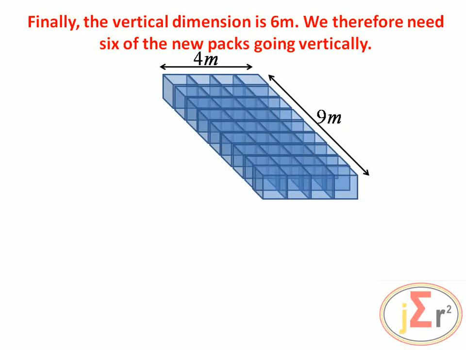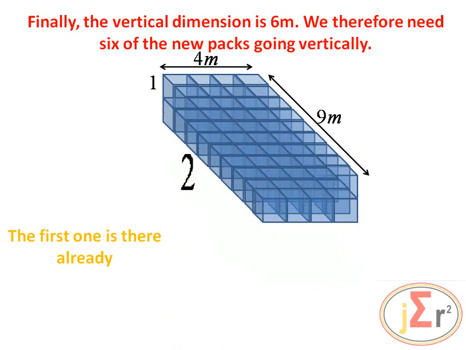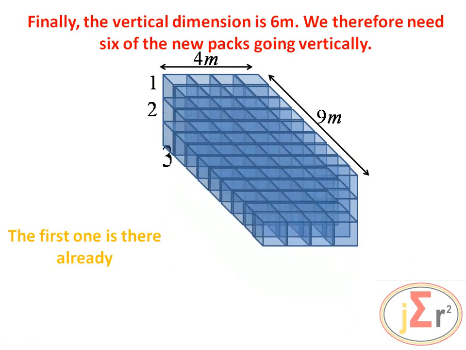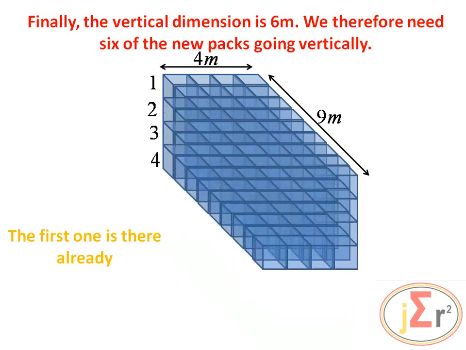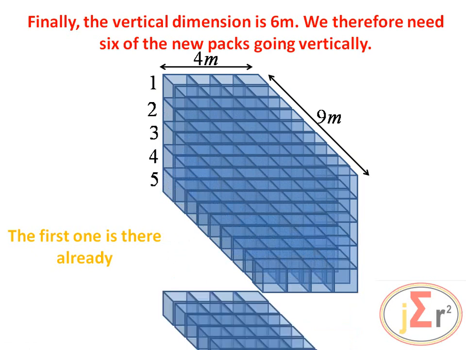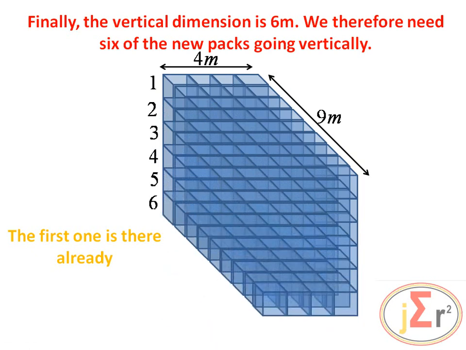So 6 of the packs going vertically, 1 pack for each meter, because the cube is of edge 1 meter and we have 6 meters, so we need 6 of them. Of course, the first pack is there already, so we just need to include the others. 1, 2, 3, 4, 5, 6.